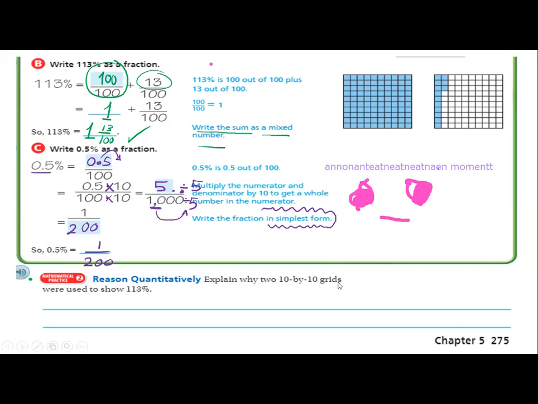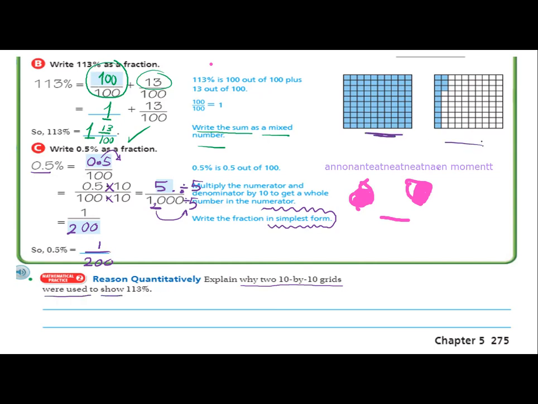Okay. So guys, I have an important question for you right now. I need one of you to answer it. Question: reason quantitatively. Okay, Abdullah Bakhurji, explain why two 10 by 10 grids were used to show 113%.